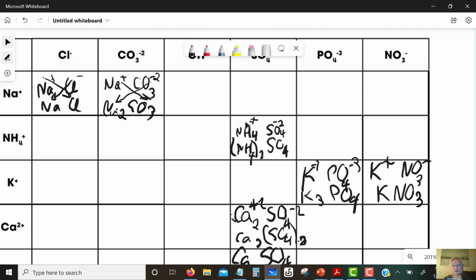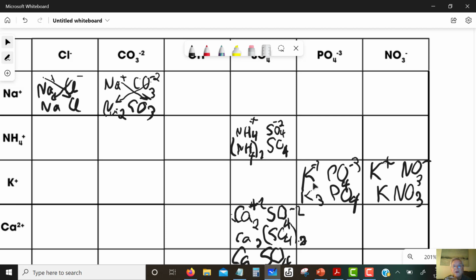They still crisscross, but you have to imagine that there are parentheses around this SO4. But since it's a 1 and it's going to be outside the parentheses, I don't have to write anything. Since this polyatomic ion has a charge other than -1, I have to use parentheses outside of the set of brackets. We'll see more examples of this as we move forward.